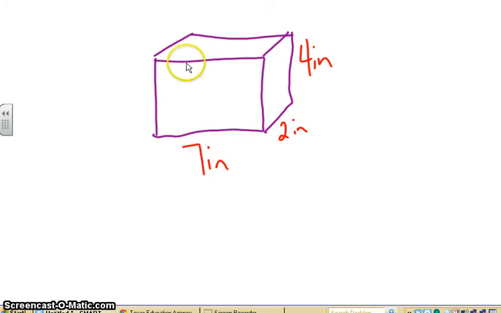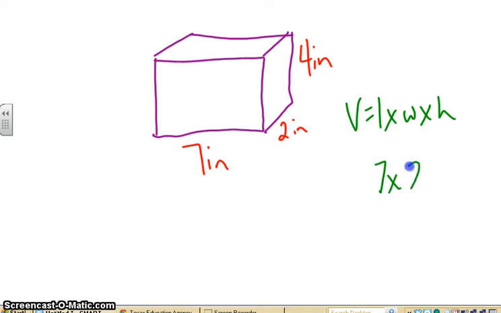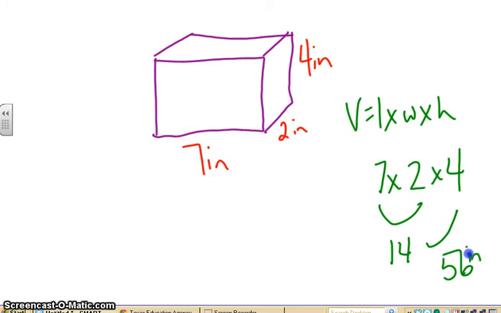How much space is inside of this figure? So I know that my volume is length times width times height. My length is 7, my width is 2, and my height is 4. 7 times 2 is 14. 14 times 4 is 56 inches cubed. We got to have that little 3 up there. So that was our volume for that shape.